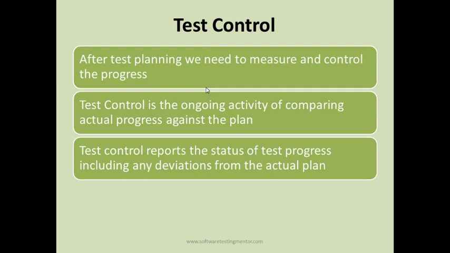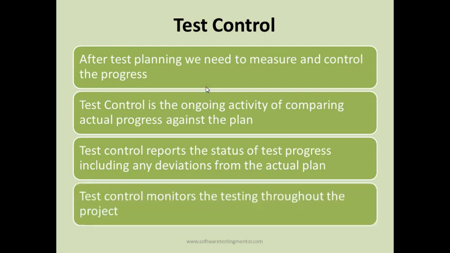Then test control gives the status of the progress, that by Friday we won't be able to finish. So it also gives you a fair bit of idea about any deviations from the actual plan.